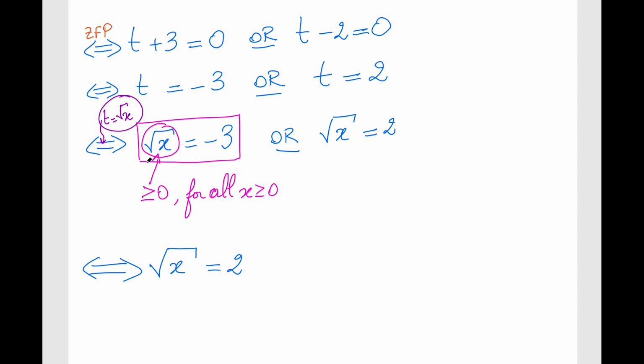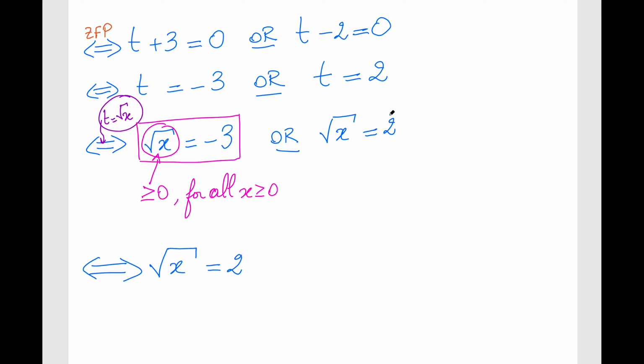It can never drop below 0. So there's no x that makes this equal -3. As such, keeping it or throwing it away is the same thing. It's not offering any information. So throw it away, and don't lose any information, hence the equivalence. So the whole thing reduces just to this part.